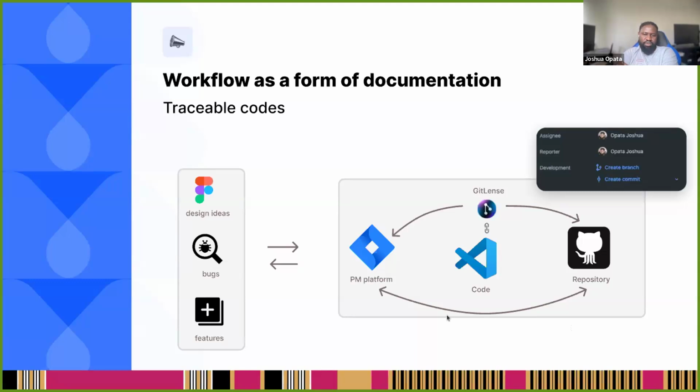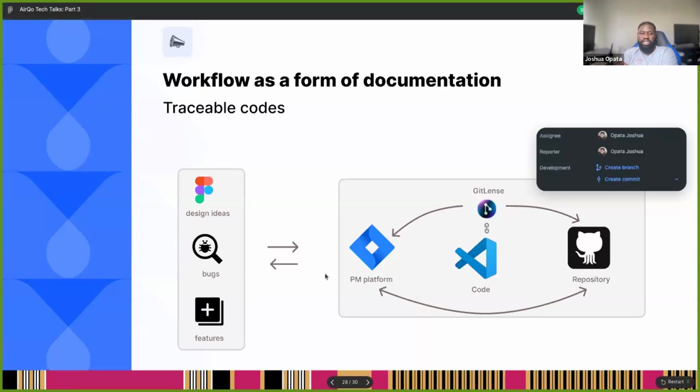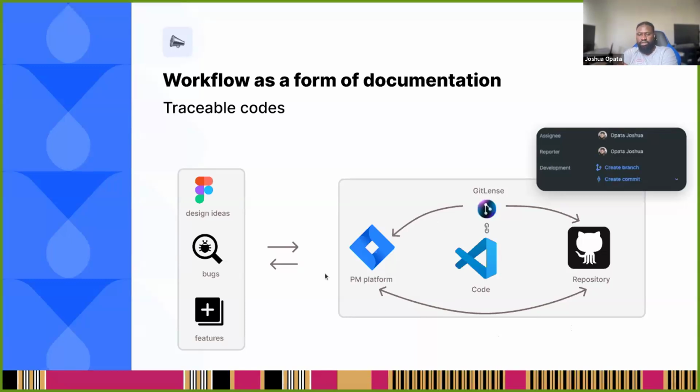But I just added this snapshot to enhance the whole workflow. And then we also see GitLens over there. It's another extension which also helps me in this whole workflow documentation. So when the design idea is made by the designer, we move on to Jira, create a whole long story about it and split it into tags here and there, and so on.